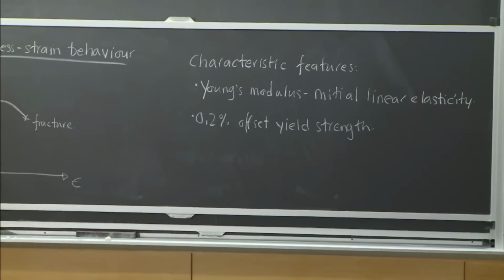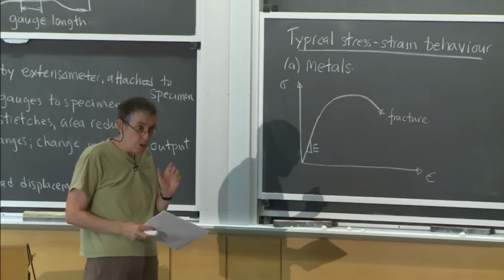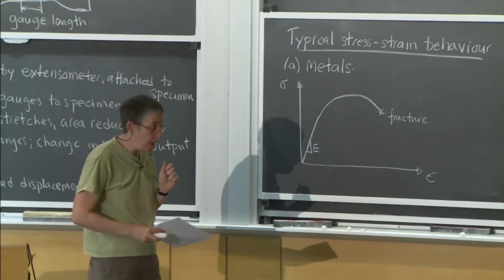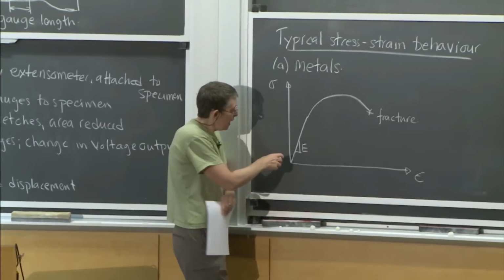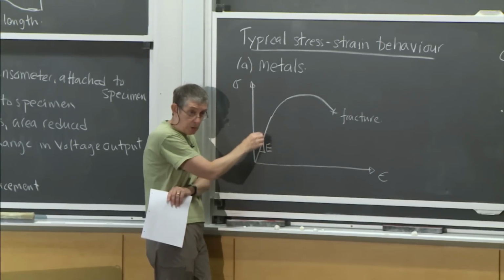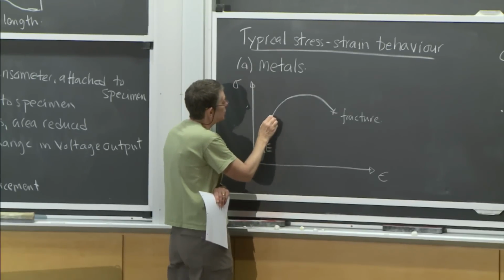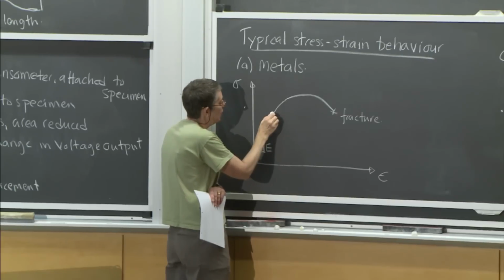So the 0.2% offset refers to the fact that if you load it up to that stress and then you unload it, you've got 0.2% plastic strain. And remember, we said that when we had elastic deformation, if I load up in the elastic regime and then I unload, I just go back down along the same slope. Right? So if I go up to this yield strength, say it's up here somewhere, so it's just become nonlinear.